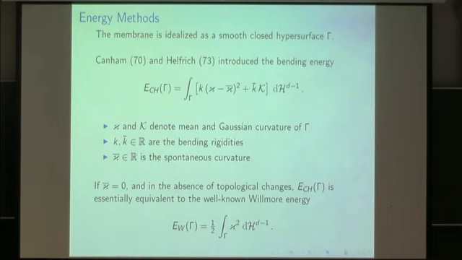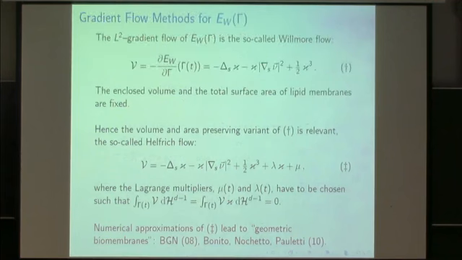If you look at energy methods for the Willmore energy, one natural approach is the L2 gradient flow. Then you set the normal velocity of the interface equal to the first variation of the Willmore energy, which gives you so-called Willmore flow.